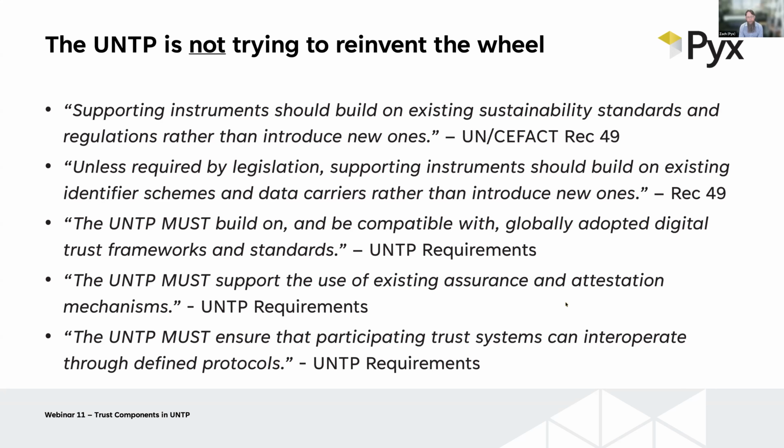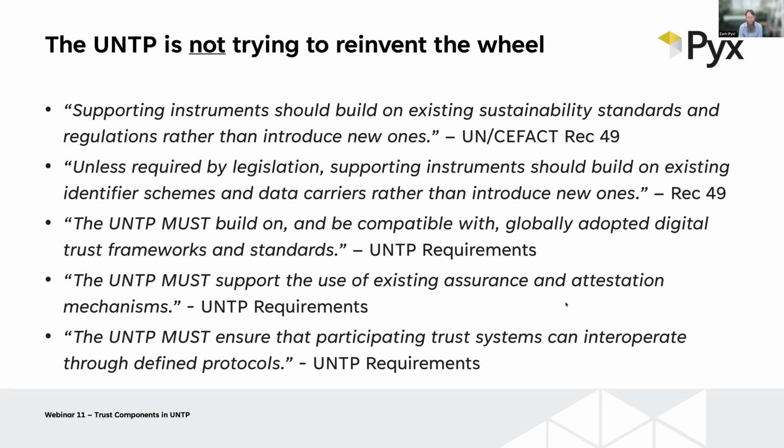And the UNTP must support the use of existing assurance and attestation mechanisms. So that's existing conformity assessments. Conformity assessments are things like ISO 27001 certifications or ANCAP safety ratings or car seat testing, all the things that we almost take for granted, but means that we have safe food to eat and safe vehicles to drive.